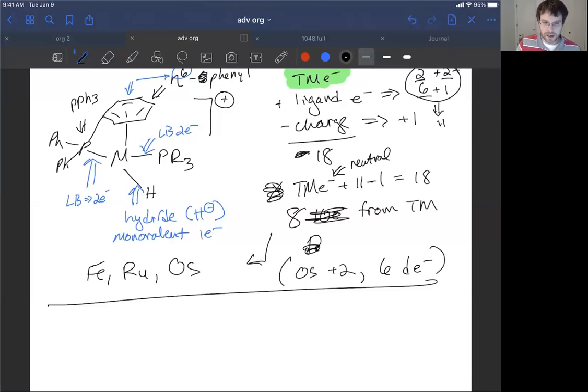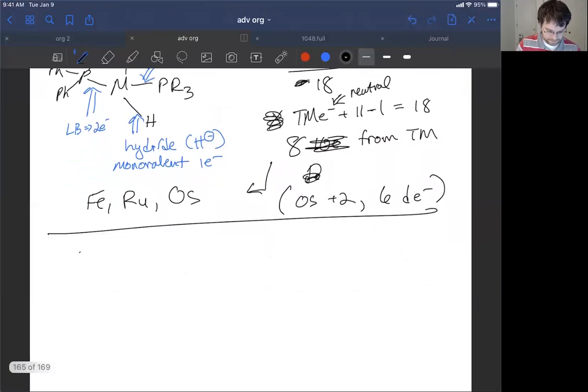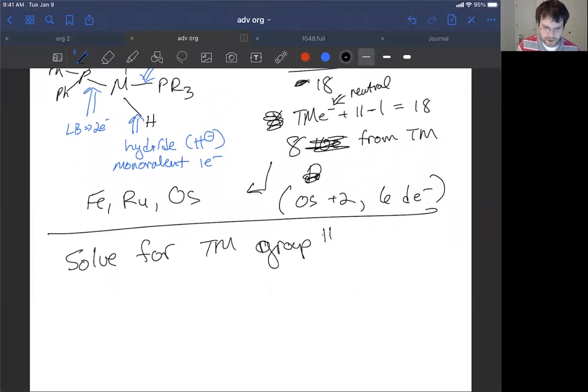Okay, back to the total electron count. Let's solve for the metal again. It's really solving for the TM group number, I suppose. Okay, so we have a metal. This is going to be an eta-5 Cp.